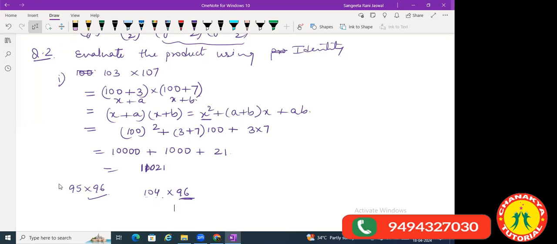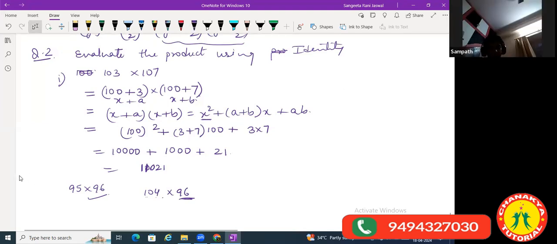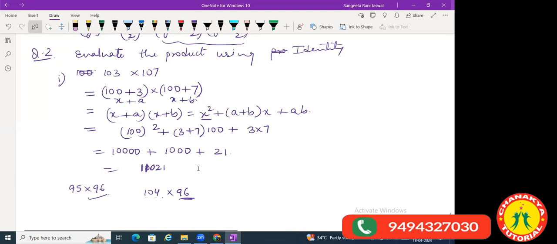But we normally take 100, tens, such type of numbers so that our calculation becomes easy. Otherwise, even if you take 90, that's not wrong. The only thing is to make the calculation easier. Okay. Ma'am, so we'll write it as 100 minus 5 into 100 minus 4. That also you can do?